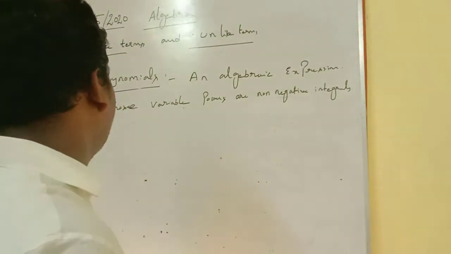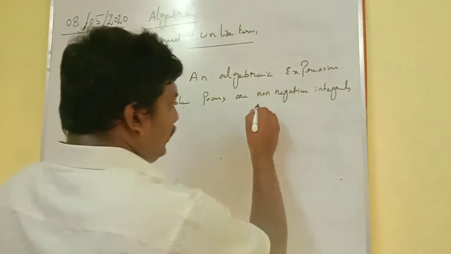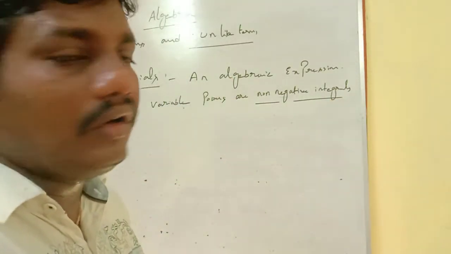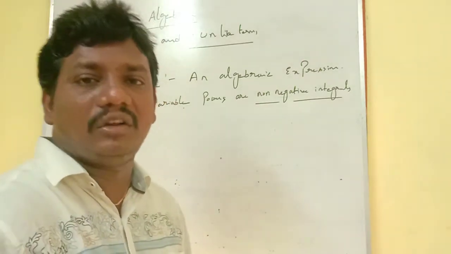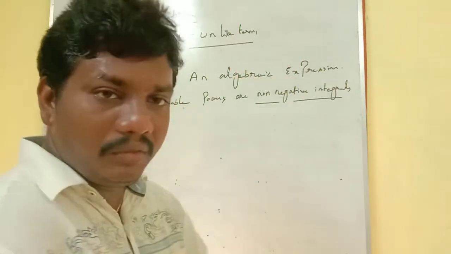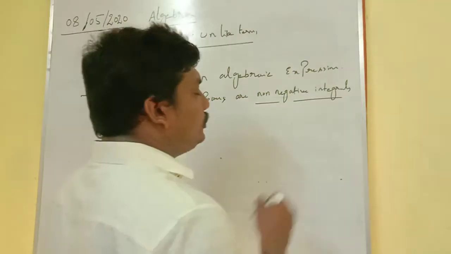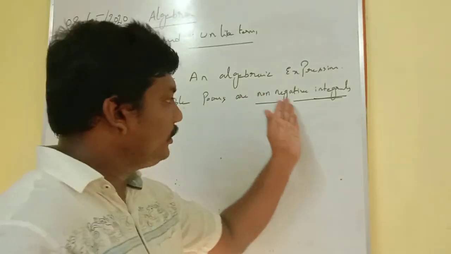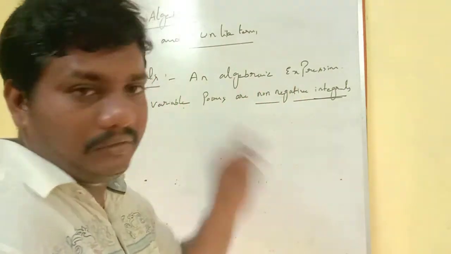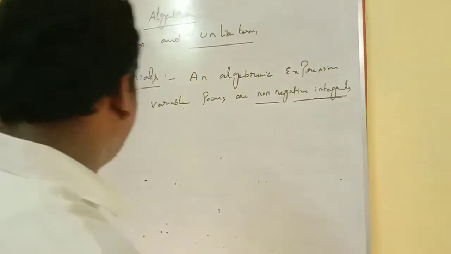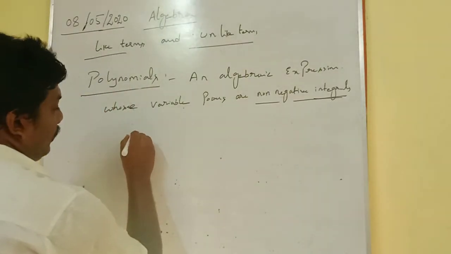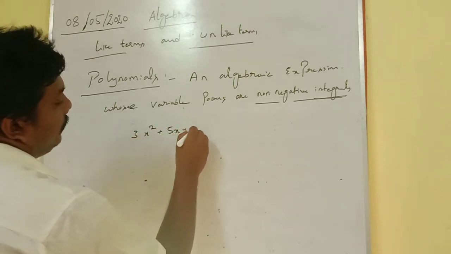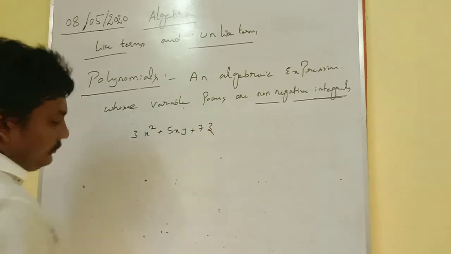Let me consider now: what is non-negative integral? Non-negative means it is not negative; the power should not be negative. Integral means it is an integer. So non-negative integral powers. Suppose 3x² + 5xy + 7z.